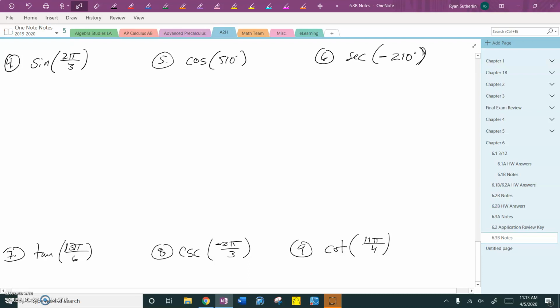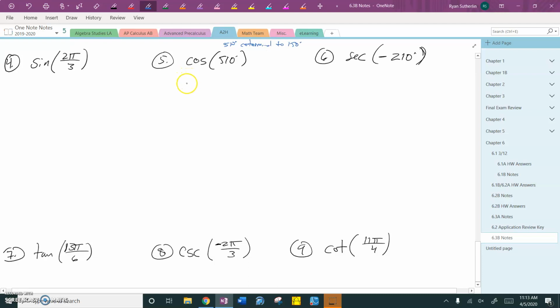Now, here's a hint for 5 through 9. Those angles aren't on the unit circle, like 510 is greater than 360. So then use coterminal angles. Remember, if I subtract 360 from 510, I would get 150.